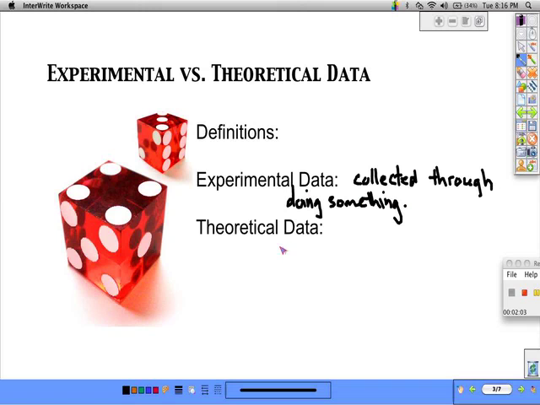Theoretical data is what we expect to happen. This is data that is generated based on the laws of probability. It's not the result of doing an experiment.